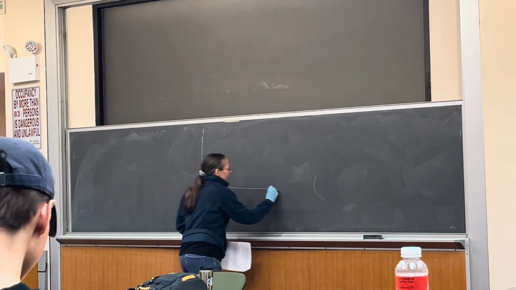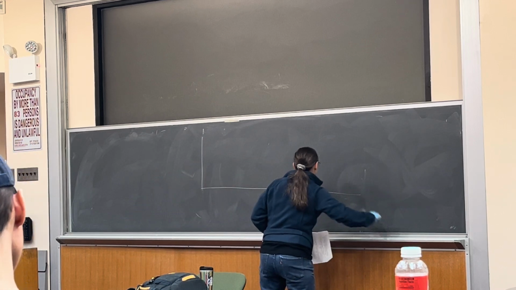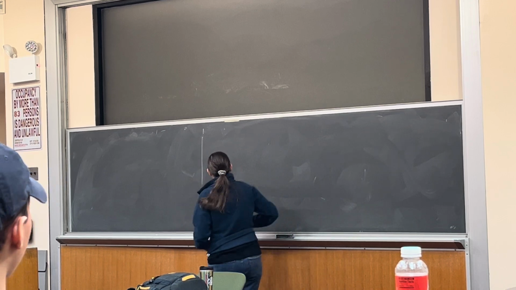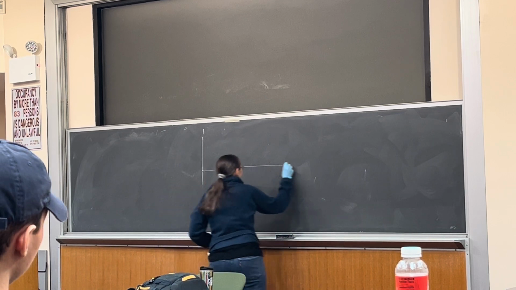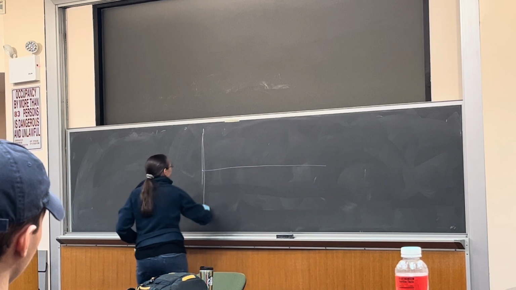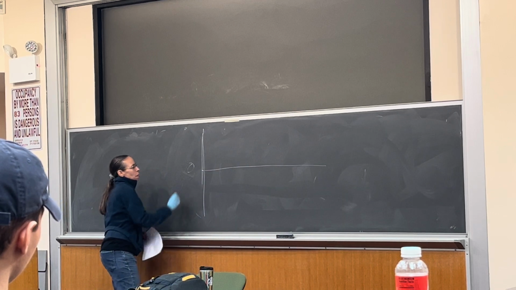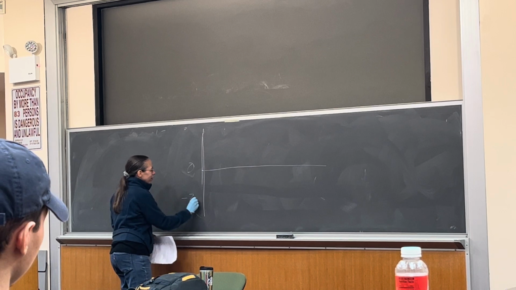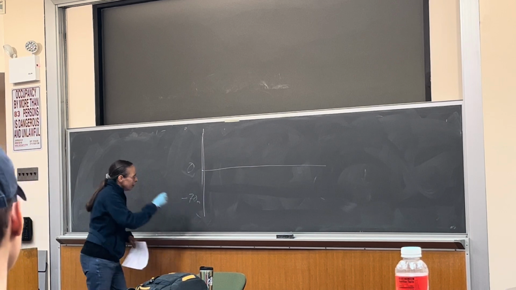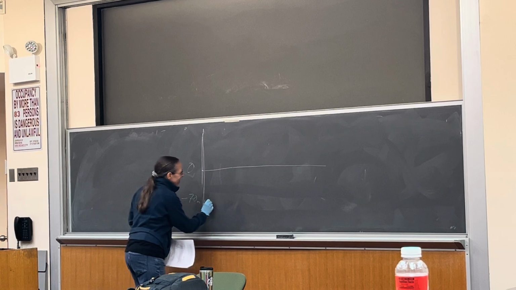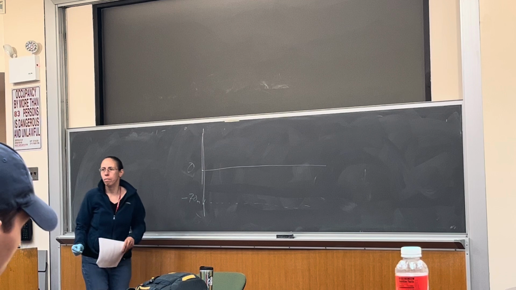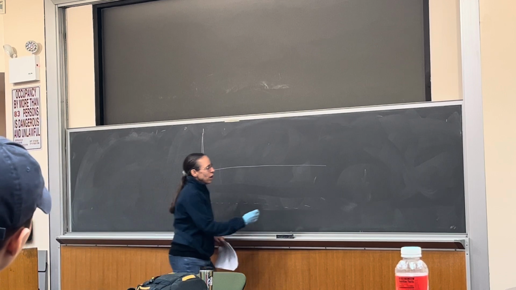Actually, while we're doing that, a normal resting potential for your typical excitable cell is around -70, maybe a little less.